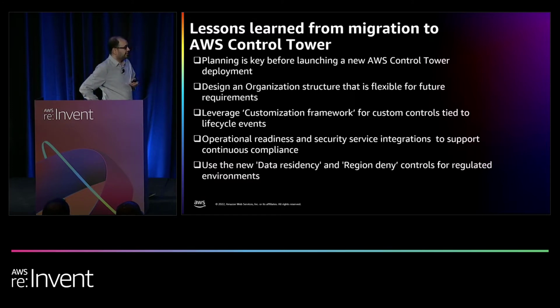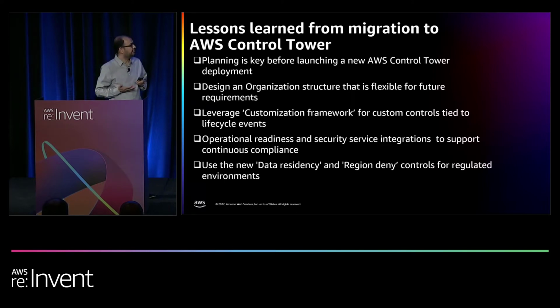One of the other key lessons learned is definitely be prepared to create an operational model once you are on Control Tower. Because once you're on Control Tower, you do need to plan a regular cadence for reviewing all of the available controls, planning and enabling new controls, or managing the life cycles of existing ones.